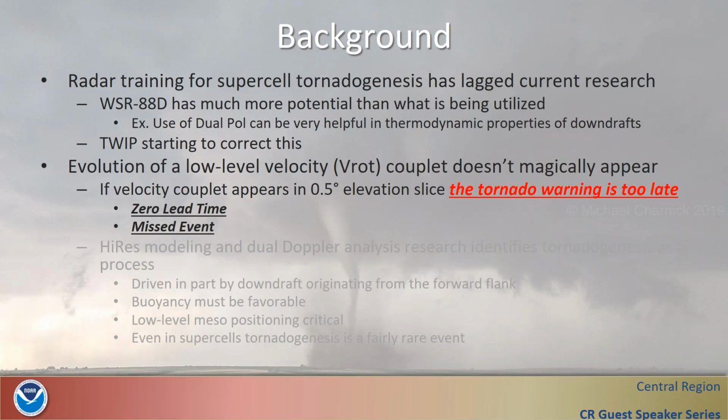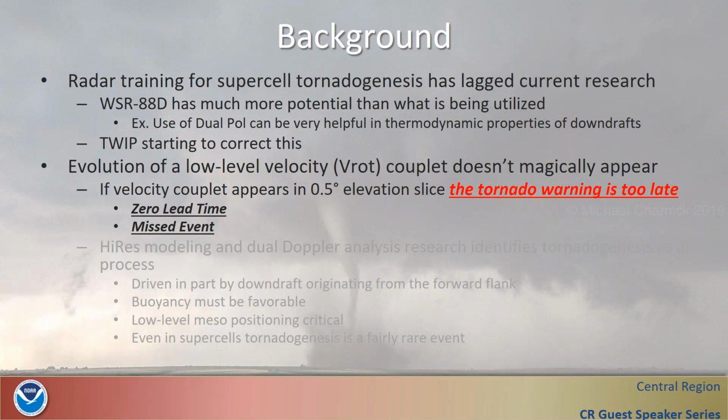Also, we've heard a lot about the low-level rotational velocity couplet that a lot of us have keyed in on as being not necessarily the magic bullet, but something people tend to trend toward looking for.